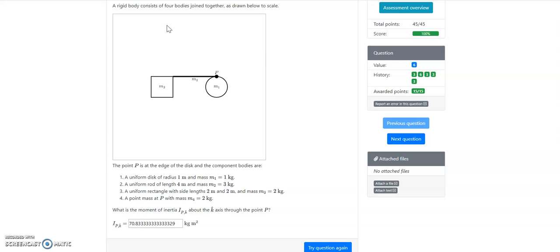And when you have this type of rigid body with different bodies of certain shapes joined together, you can use the fact that the total moment of inertia about a point is going to be the moment of inertia of each body about that point added together.